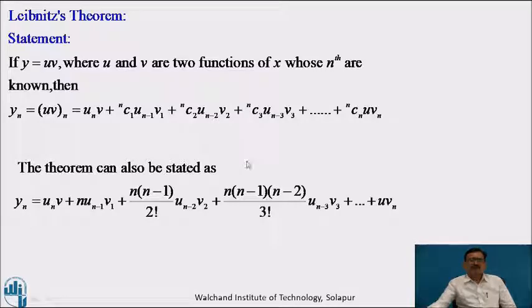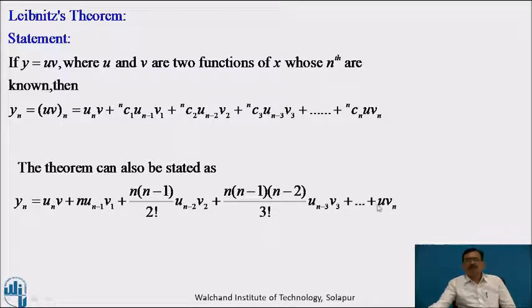The theorem can also be stated as, if you find the value of nCr, you get yn equal to u suffix n into v, means nth derivative of u into v as it is, plus n into n minus 1 derivative of u into first derivative of v, that is v1, plus n into n minus 1 by 2 factorial u suffix n minus 2 into v2, that is n minus 2 derivative of u and second derivative of v, plus n into n minus 1 into n minus 2 by 3 factorial into u suffix n minus 3 into v3, means n minus third derivative of u and third derivative of v and so on.